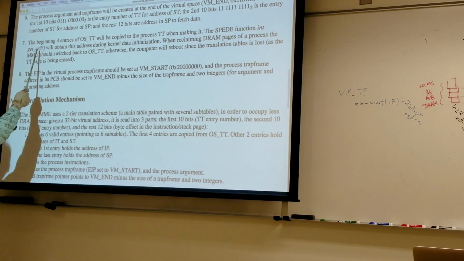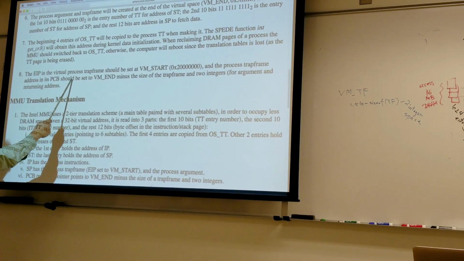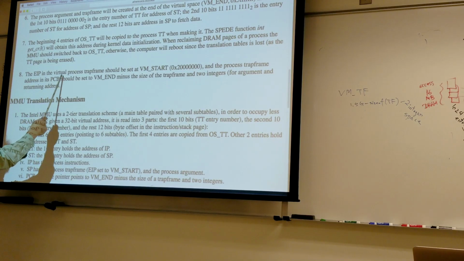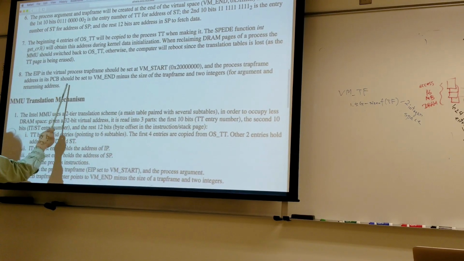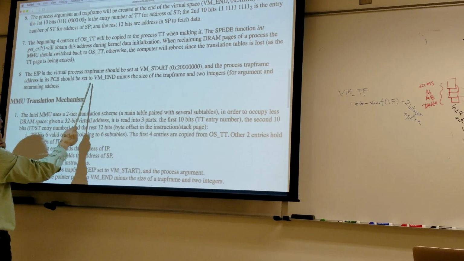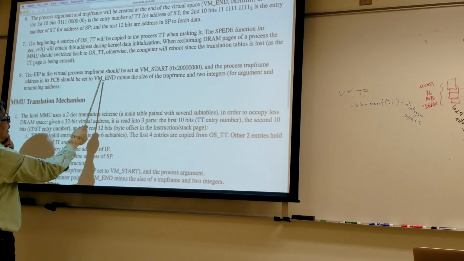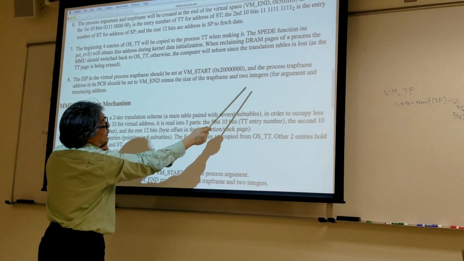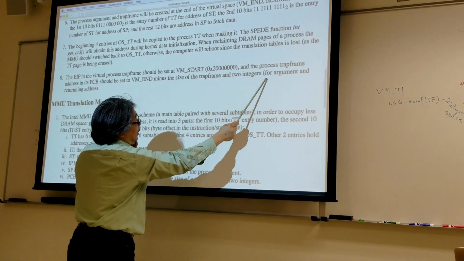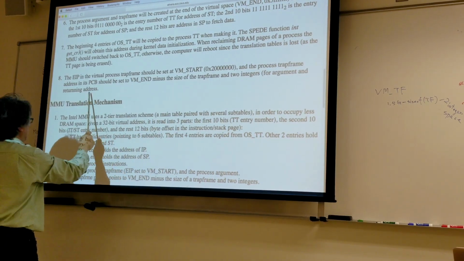Get CR3, we'll get that. Get the OSTT, and the EIP is going to be set to the VN start, half a gig, and the PCB traffic will be set to the VN end minus the size of the traffic and 2 integers, the size of 2 integers, for the argument and the returning address.